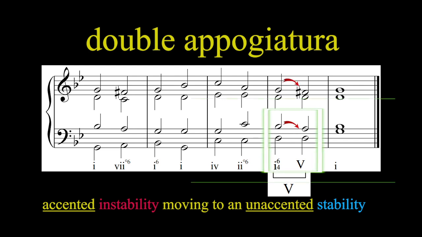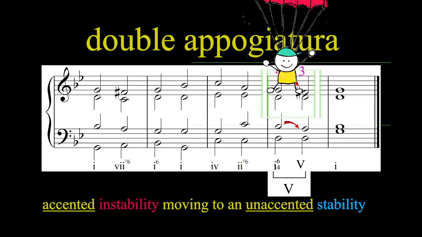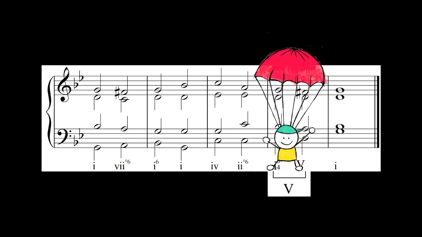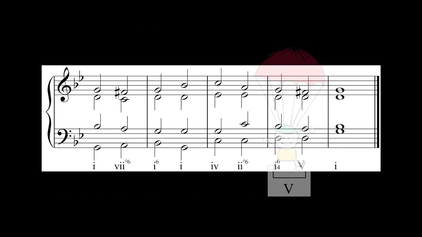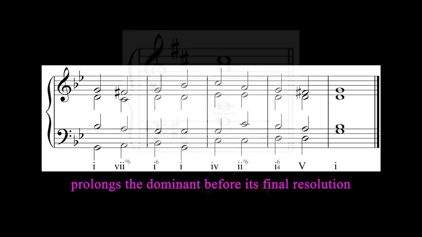The two unstable intervals of the 6th and the 4th move to the 5th and 3rd. It's almost as if this is like a parachute, slowing us down to the final cadence at the end. And this really is an ideal analogy, because that's exactly what's happening. We are prolonging the dominant.